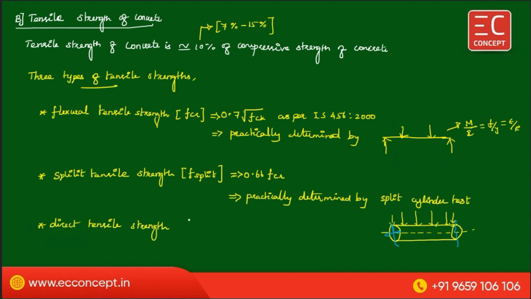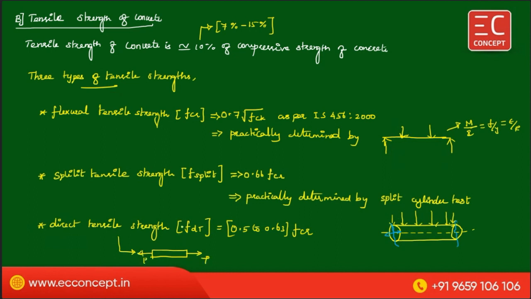The direct tensile strength is F dt, which is equal to 0.5 to 0.63 FCR. You know what FCR is: the flexural tensile strength. Direct tensile strength means we apply a direct load, for example this is the Q, in order to measure the tensile strength.